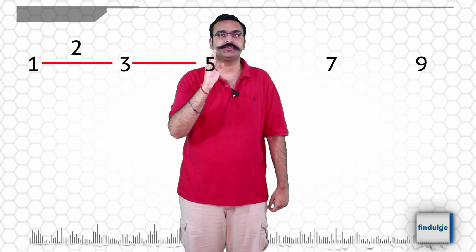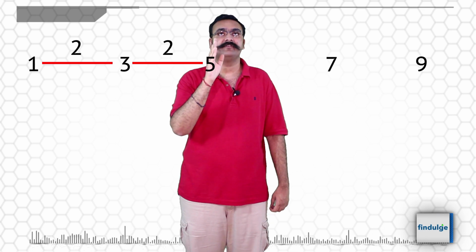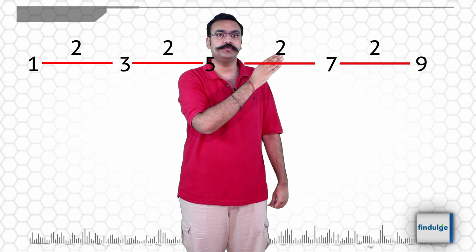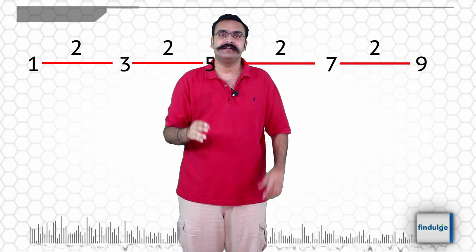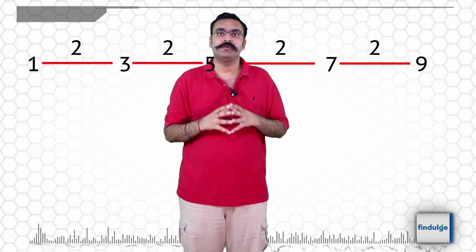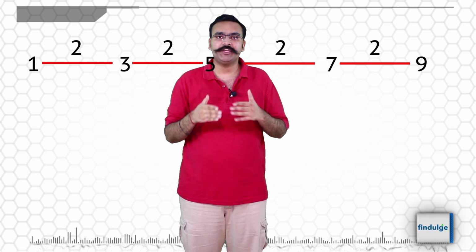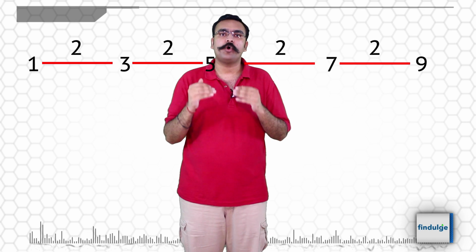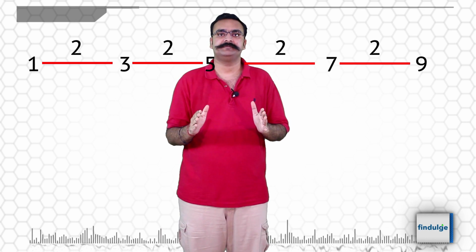When I do 3 plus 2, I get to 5. 5 plus 2, I get to 7. And 7 plus 2, I get to 9. This is the property of an AP, where two consecutive terms are always separated by the same difference.